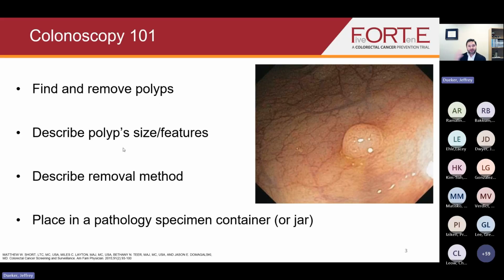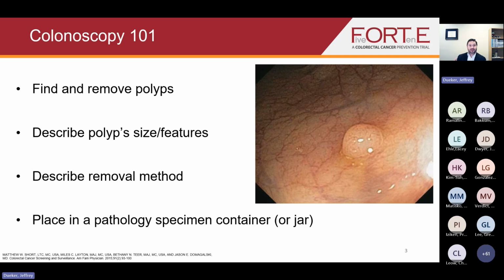So what are we doing during the colonoscopy? We're obviously doing lots of things, but if we're doing a FORTE eligible colonoscopy, a screening or diagnostic colonoscopy, one of our main objectives is to find and remove polyps. In a colonoscopy report, you're going to see a description of the polyp size and features, and a description of the removal method, which we'll get into.